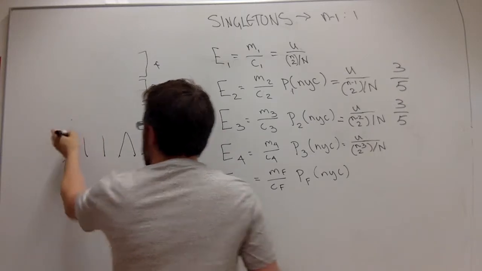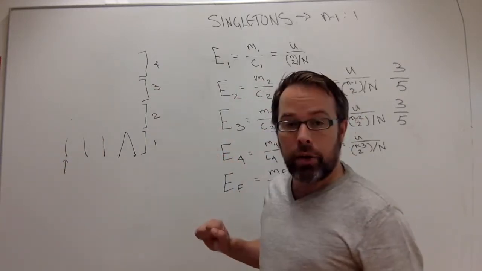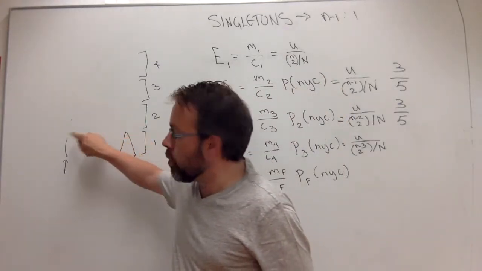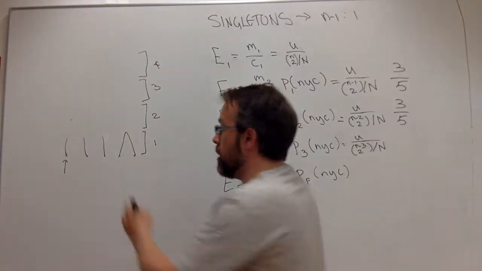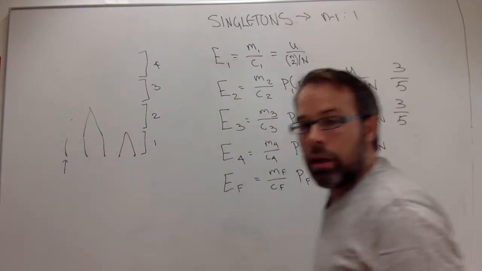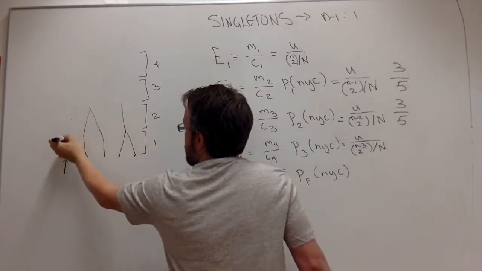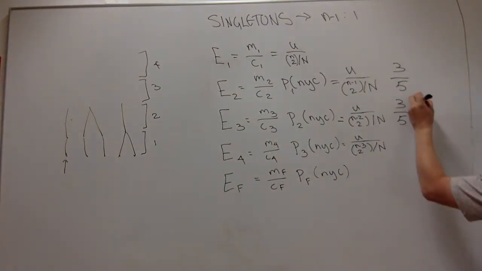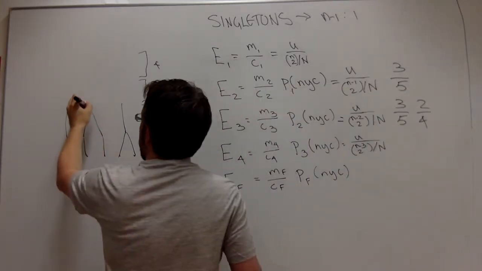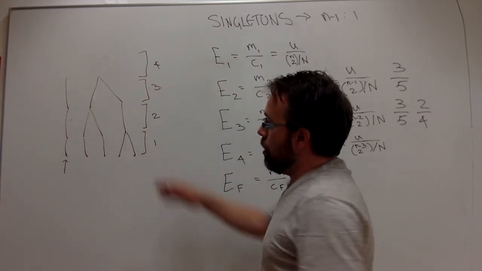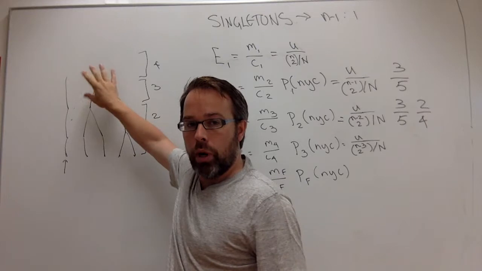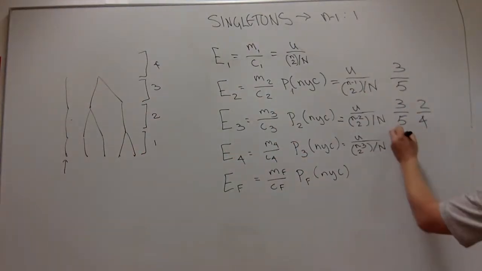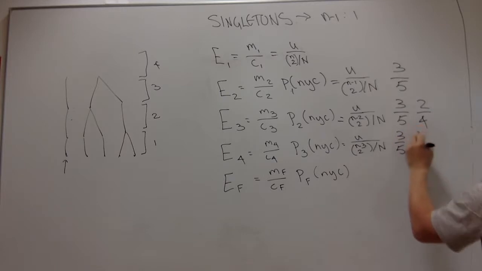Assuming our individual does not coalesce in the first, now 2 out of the 4 lineages that remain participate in the next coalescent, so the probability it's still not coalesced is 2 divided by 4. What's the chance it does not participate in the next coalescent event? Here we have 3 lineages, of which 2 out of 3 coalesce. So the chance it's not yet coalesced is 3/5 times 2/4 times 1/3.